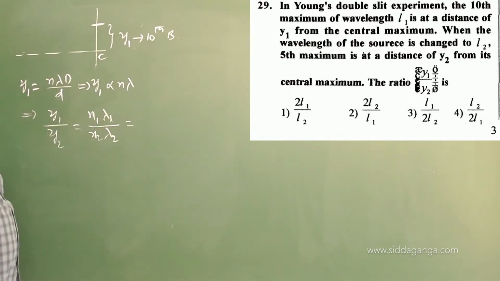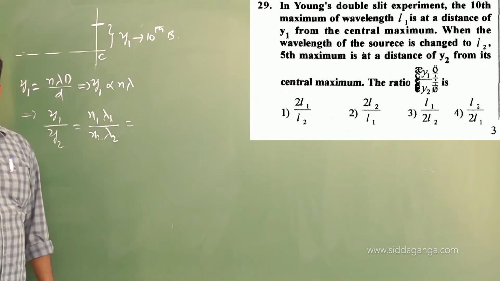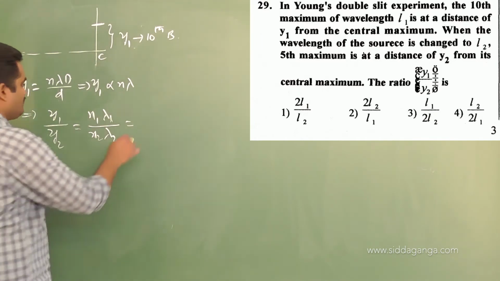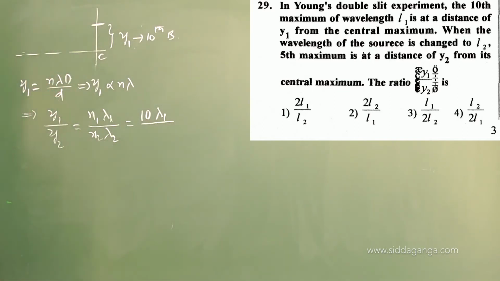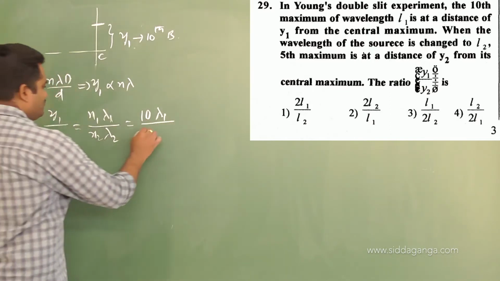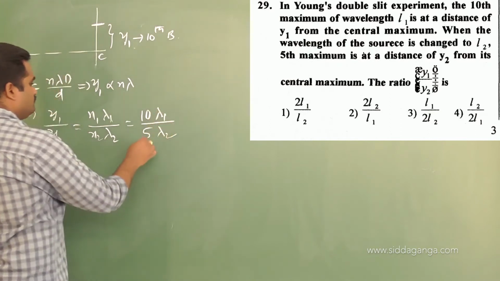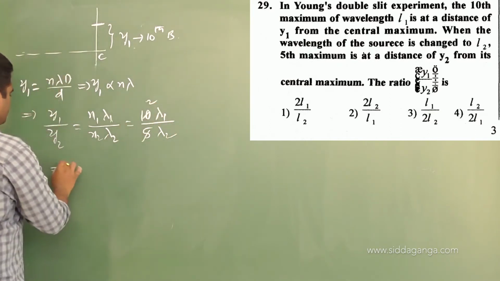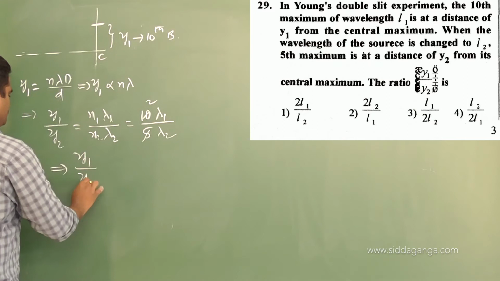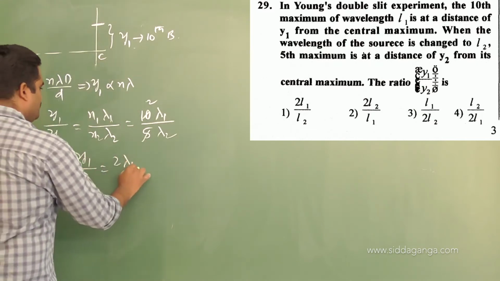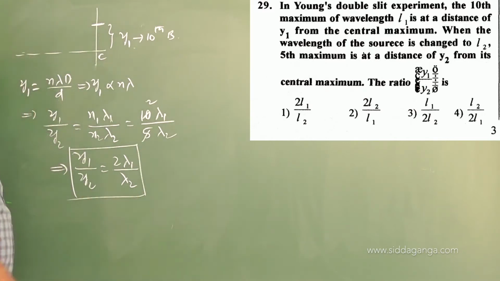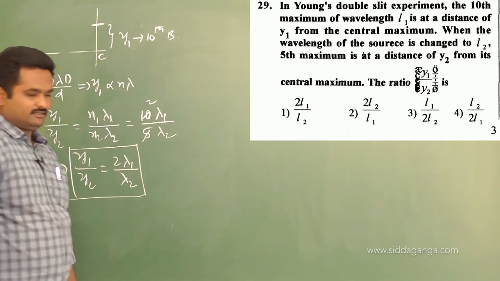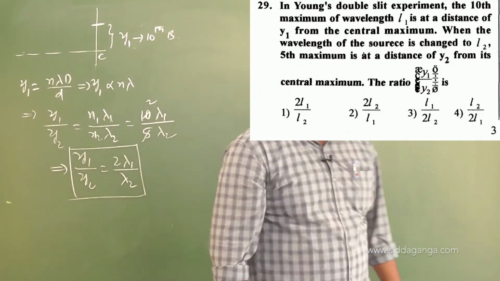The 10th bright is for wavelength lambda 1, means 10 lambda 1, divided by 5 lambda 2 for the fifth maximum at y2. 5 ones, 5 twos, so this ratio y1 by y2 will be equal to 2 lambda 1 divided by lambda 2. The first option is correct here. So that's how we need to solve this.